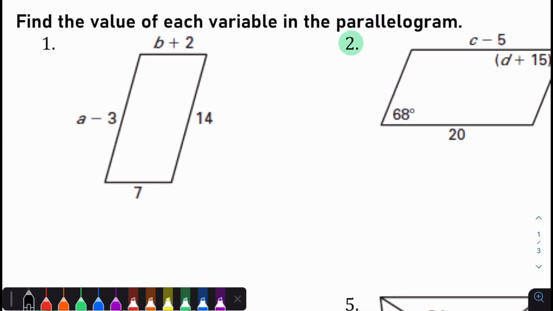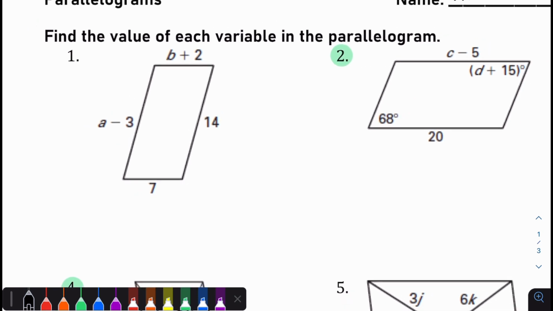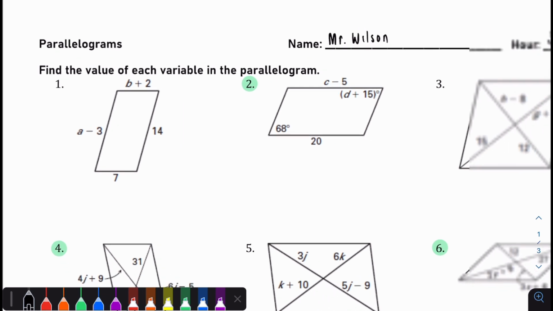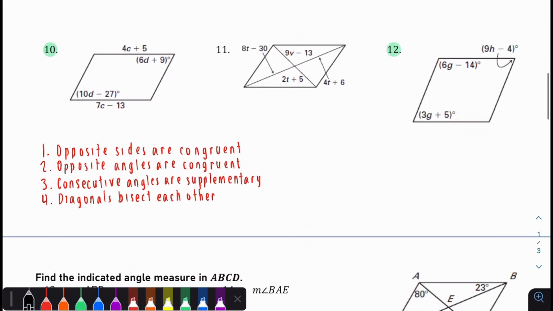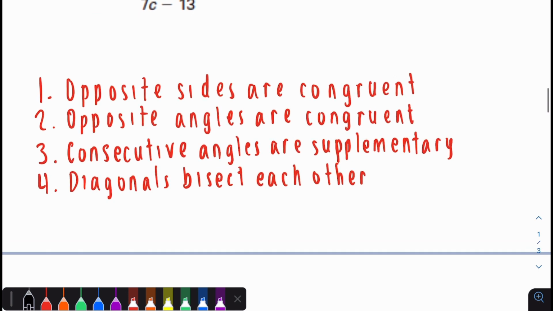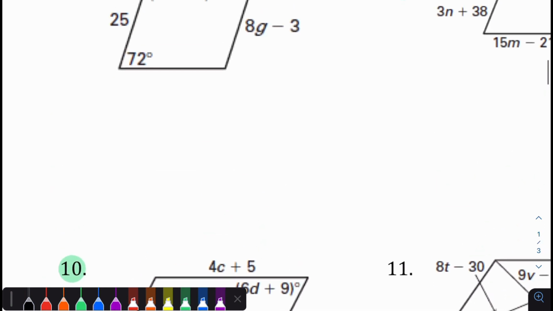Alright, so number one, I want to use the property that opposite sides are congruent. And I went ahead and wrote down all of the properties. But because on number one I am given sides only, we want that property. Opposite sides are congruent.